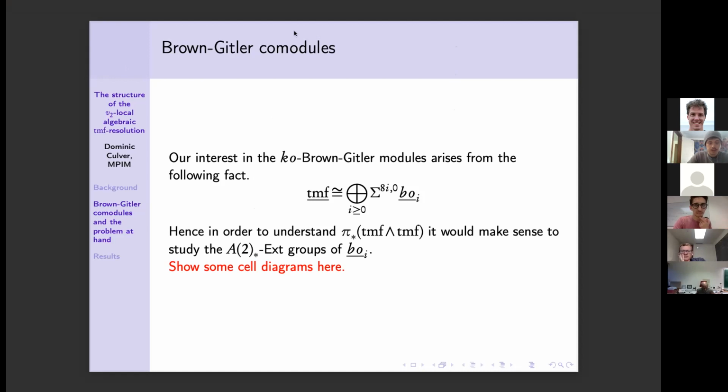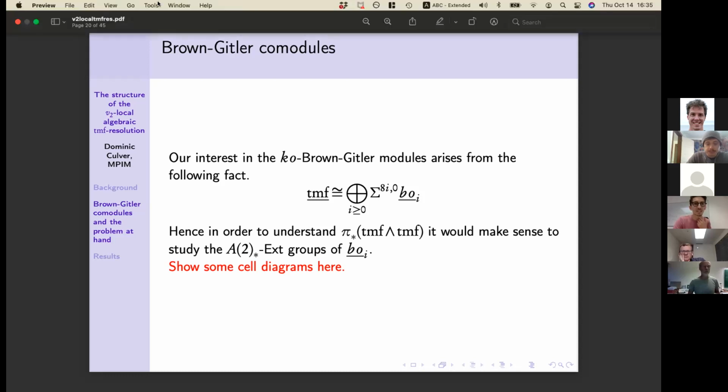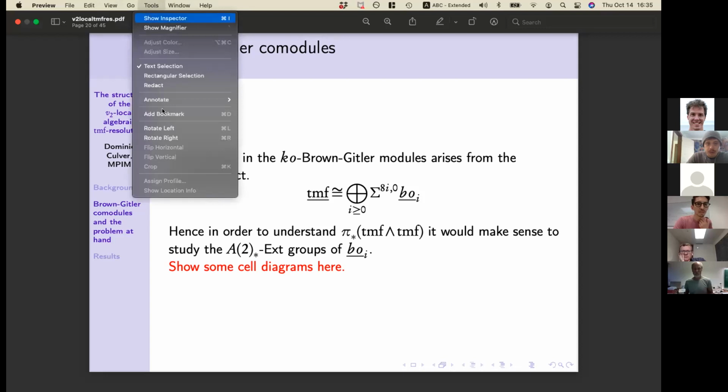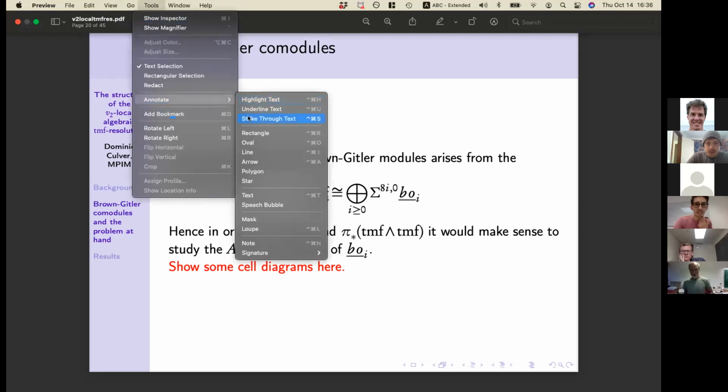Oh, Ming Chuan suggests annotate. Where is that? Is it under tools? Oh, annotate. Okay. Note text. Oh no. Oops. You know what? I'm just going to forget it.